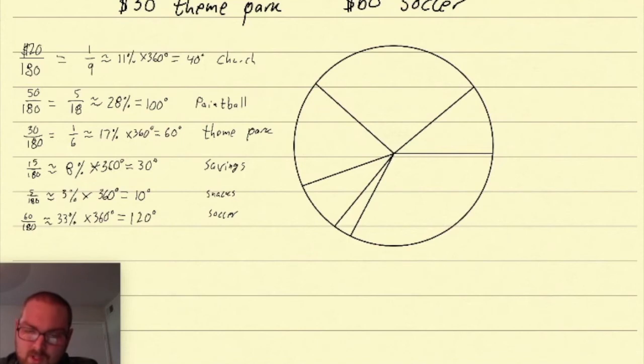So I'm going to go ahead and shade things different colors as a way to show. So there's the church money. Here is the paintball money. Spent a lot of money on paintball.